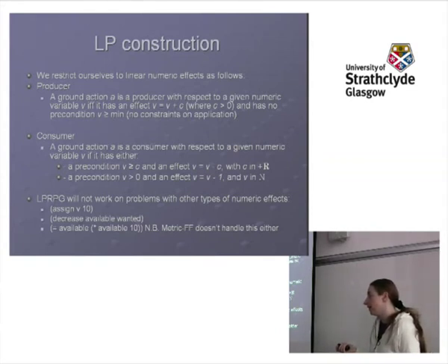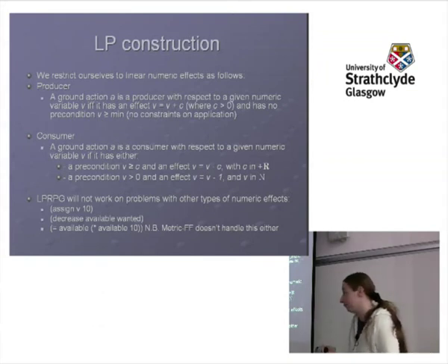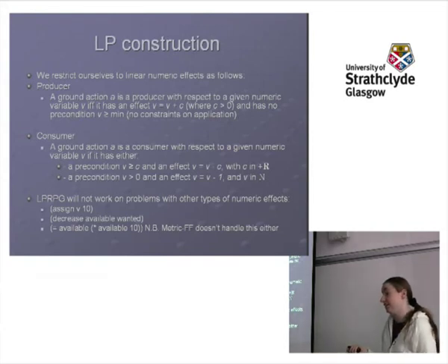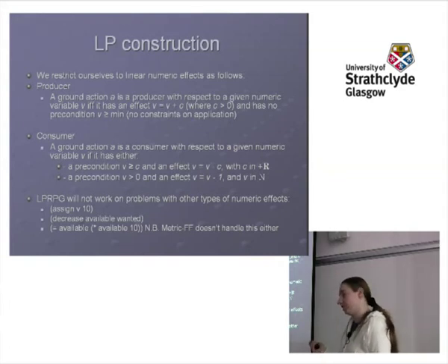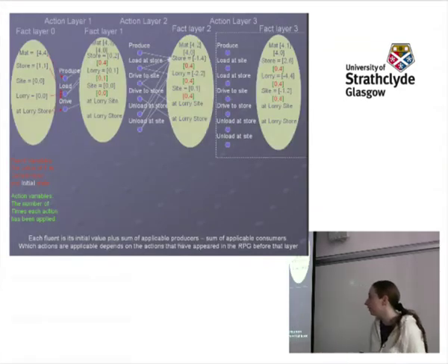So this would be fine if it was decrease available by 10 or decrease available by 15 or whatever by some constant, but we can't have a variable decreasing by the value of another variable. And also, obviously this isn't a linear effect, available = available times 10, but also Metric-FF can't handle those, so we're not putting any further restrictions in those regards.